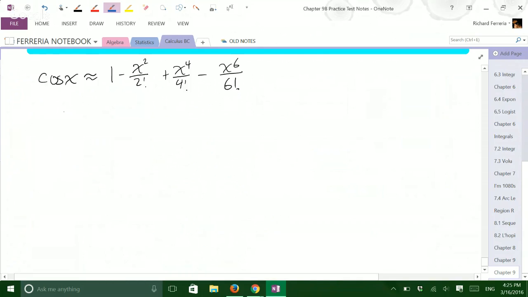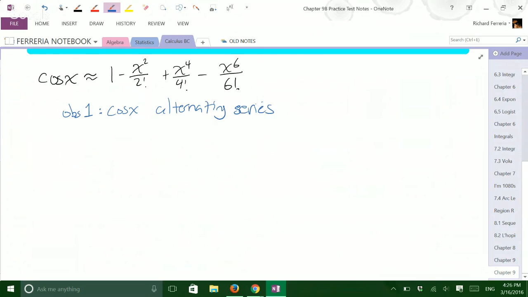Observation 1: cosine x is an alternating series. No matter what value you put in for x, the terms are going to alternate between positive and negative. Do we see that?